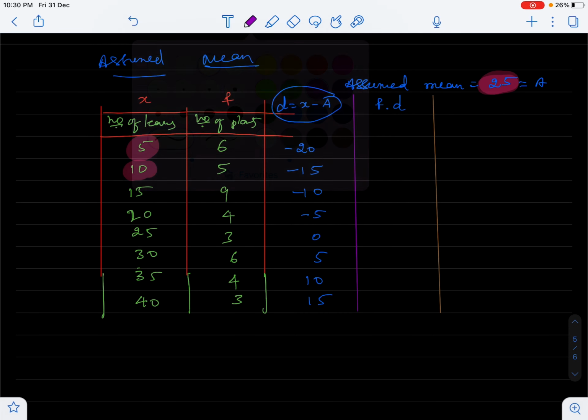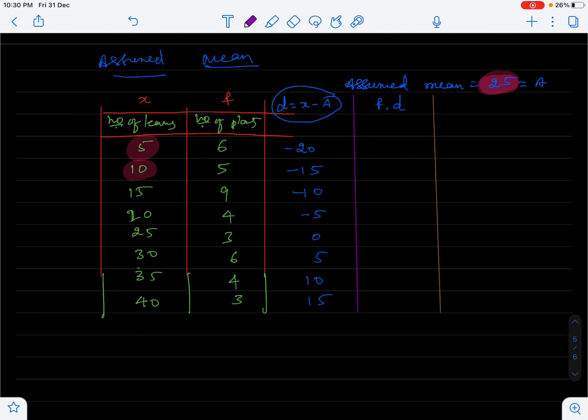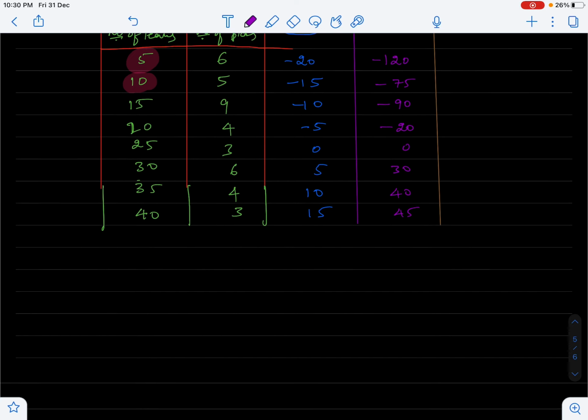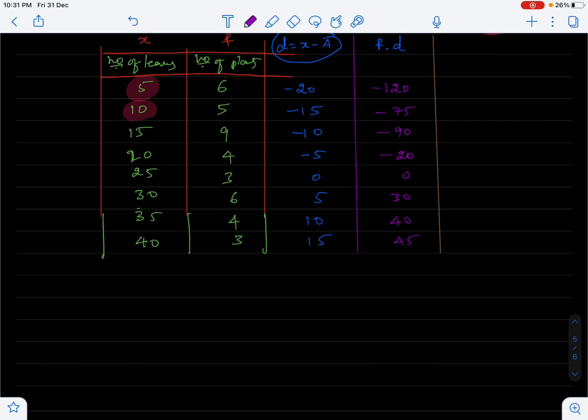Therefore f into d will be minus 120, then minus 75, then minus 90, then minus 20, then 0, 30, 40, 45.